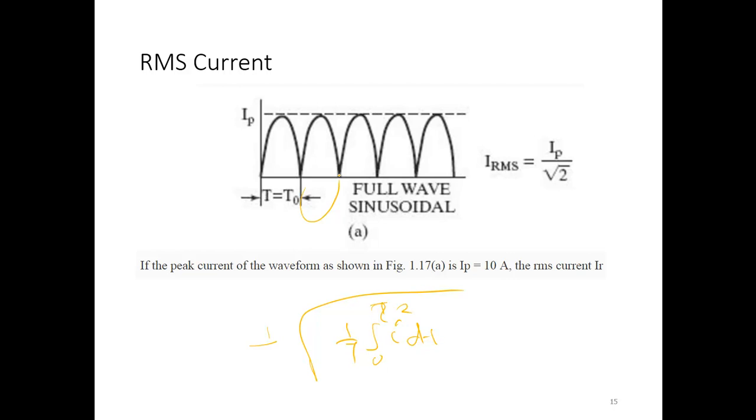That's why it doesn't matter whether this is a positive or negative sine wave, or all positive pulses. This will be the peak value. If somebody gives you IP, you should be able to calculate that. If the peak value IP is 10, you can find the RMS value. I expect you should be able to do that.